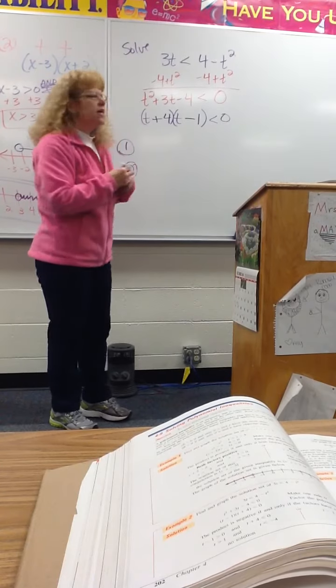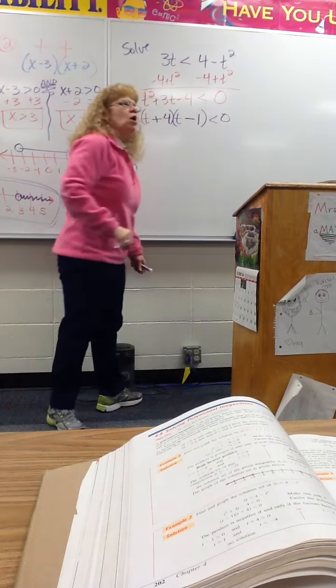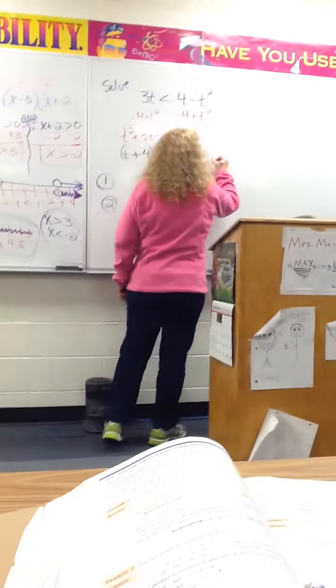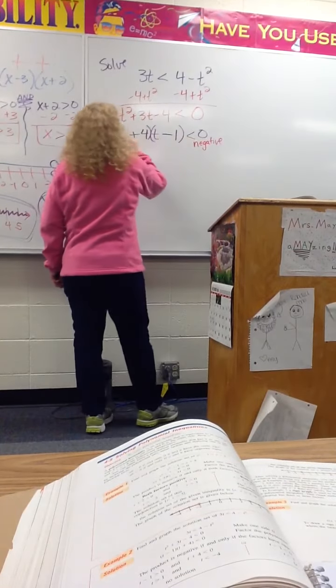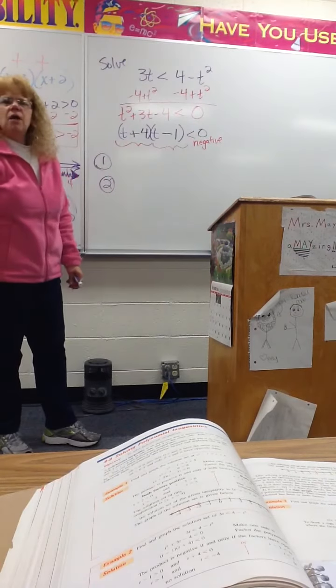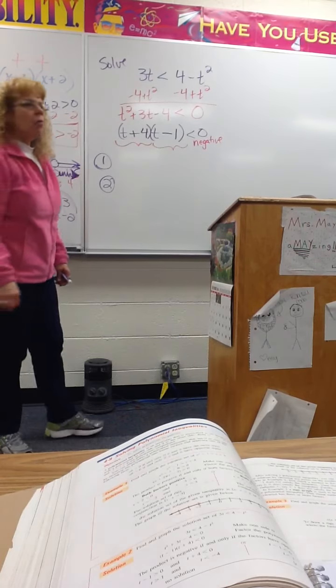Next thing I need to look at is this over here. Less than 0. What kind of numbers are less than 0? Negative. So I'm multiplying this times this and getting a negative. How do I multiply two things and get a negative answer? One of each.